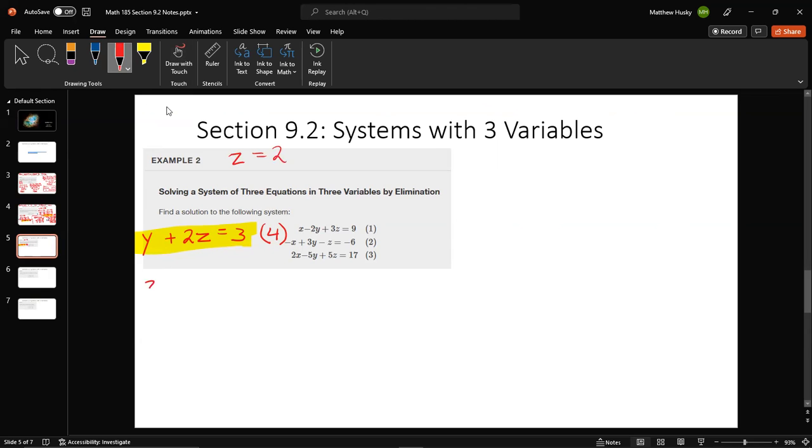So then what we're going to do for step number 3, we're going to find y using either 4 or 5. I'm going to use equation 4 here that I got earlier. You could just as easily have chosen equation 5. Like I was saying earlier, you have to just commit and follow through with the process.